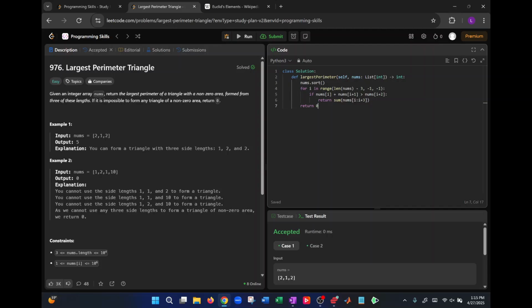Because if it were possible to form a triangle anywhere in the array, then we could form another triangle using adjacent indices. And if we've checked all of them and not gotten anything, then there are no triangles at all. And so we return 0. Okay, and then we submit this.